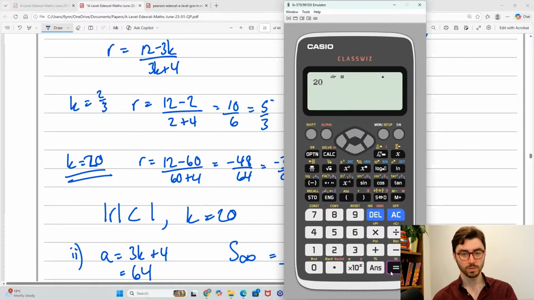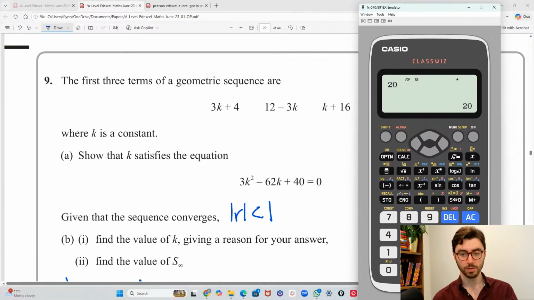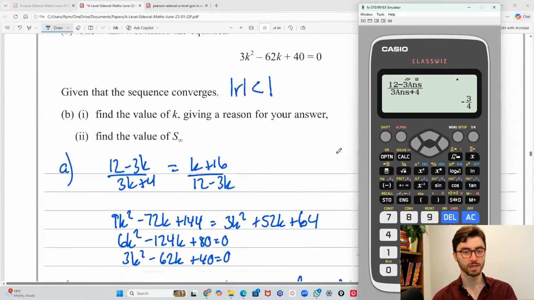So 20 equals, and plug that back in, 3 answer squared minus 62 answer plus 40 does in fact equal 0. And when k equals 20, I get that 12 minus 3 answer all over 3 answer plus 4 does have a magnitude less than 1, so that is convergent.